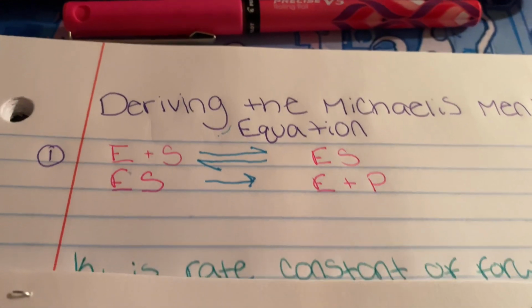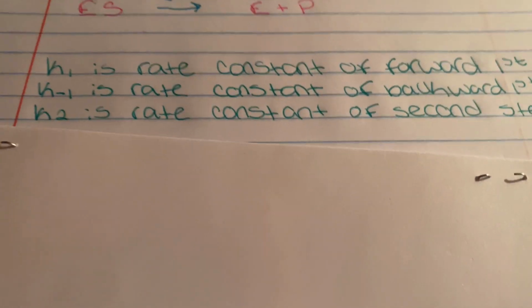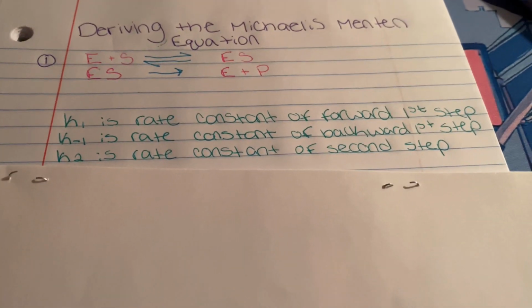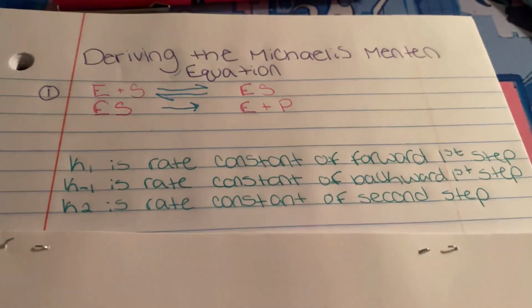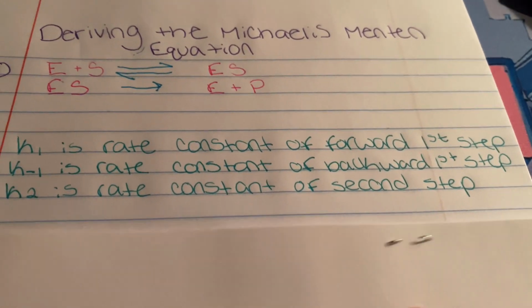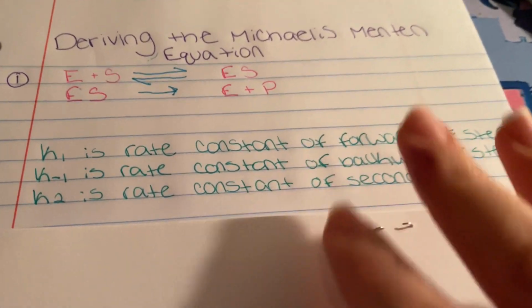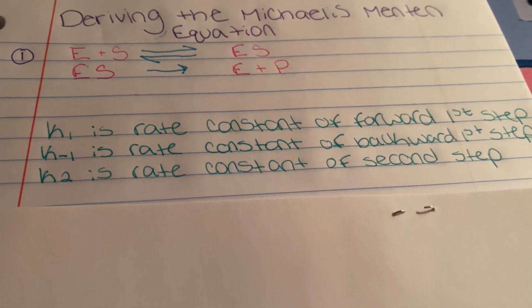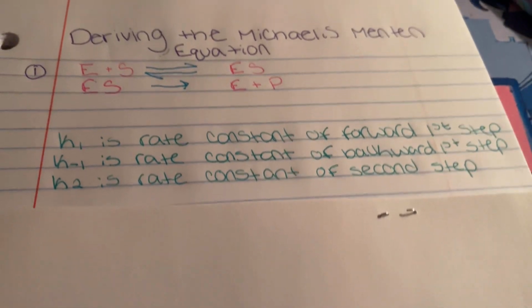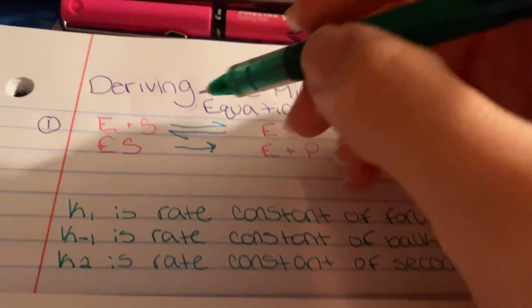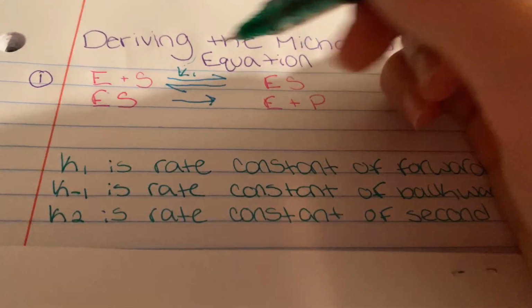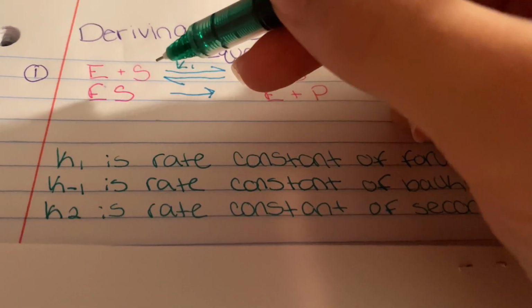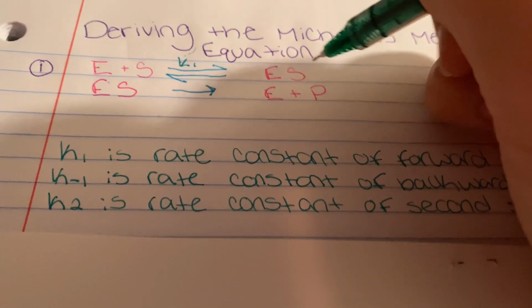All right, so we're gonna go ahead and move forward. These are a couple of variables that I'm gonna add to what I've written above so that we can understand more about the equations that have been utilized here. So as you can see, this equation up here is going to have K1, right? Because it's going to be creating a product, so it's going to be a positive 1.